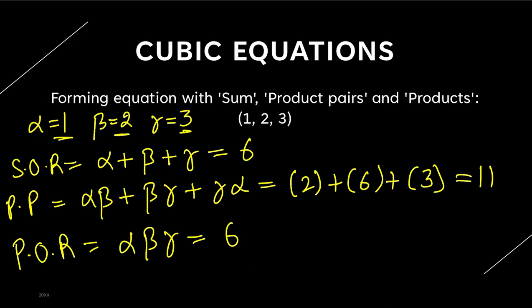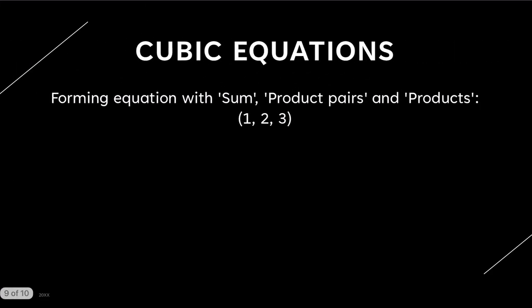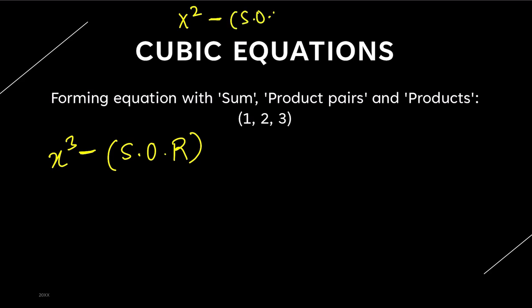Sum of the roots we know, product of the roots we know, and product pair of the roots we know. Now, if you know these three things, the equation is x cube minus sum of the roots. I am sure you will be able to recall this from the quadratic equation. We have this formula: x square minus sum of the roots into x plus product of the roots.